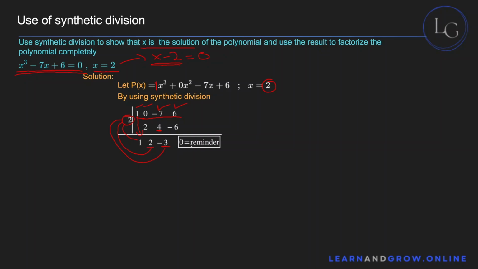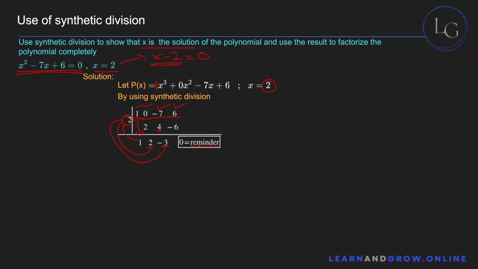And that is the last value that you'll receive: the remainder. If the remainder is equal to 0, that means the solution that we've been given is indeed a solution of this polynomial.